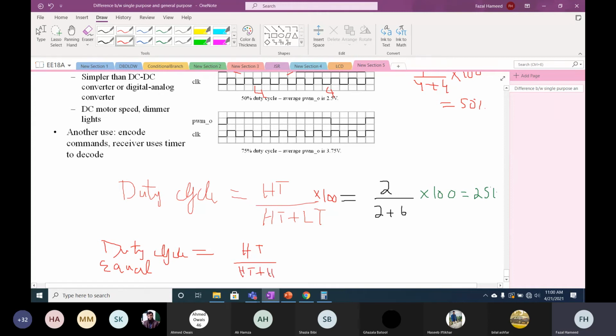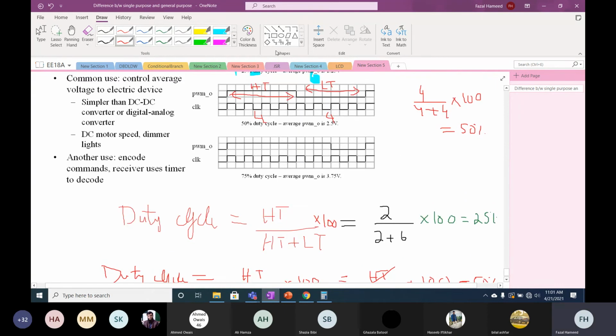So it's ht divided by 2ht multiplied by 100. ht and ht will cancel out, and now it is 50%. So the duty cycle will be 50% when the high time and the low time are equal.